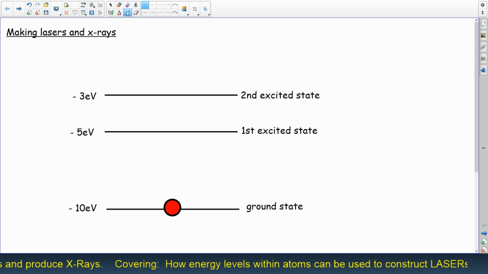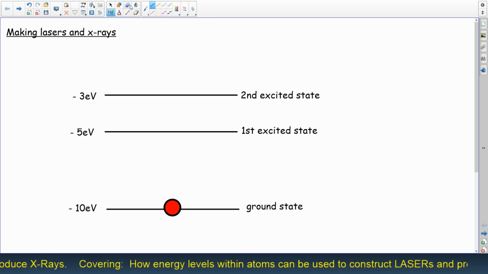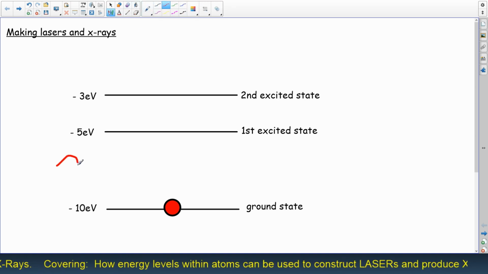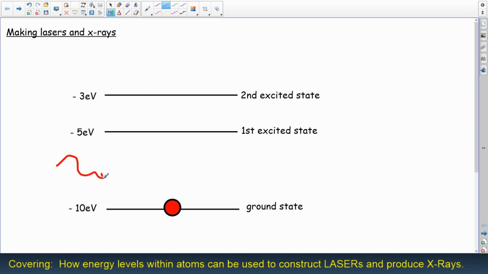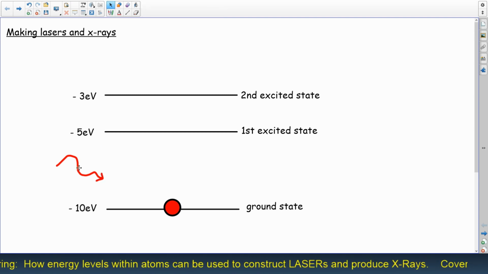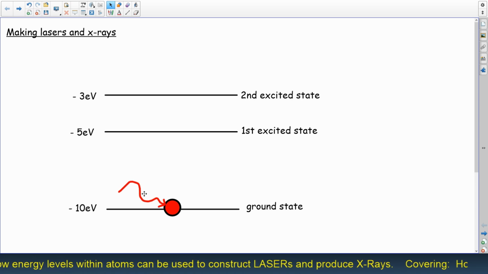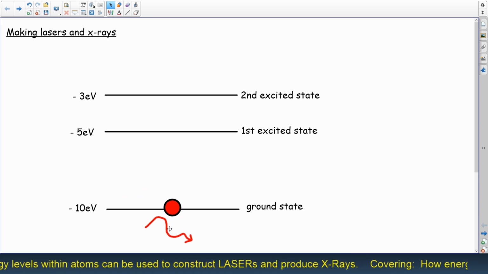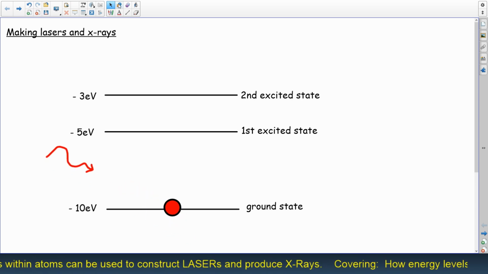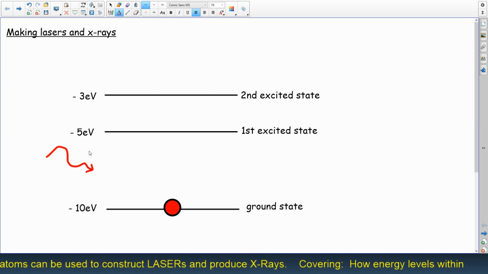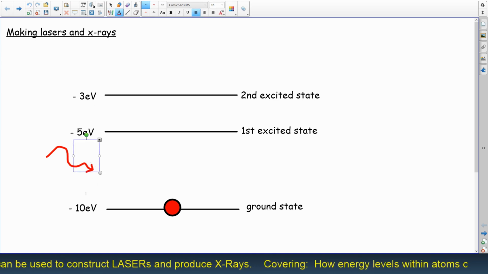What this means is that an incoming photon of light may strike and be absorbed by this electron, if the photon has an amount of energy equal to a gap in these energy levels.